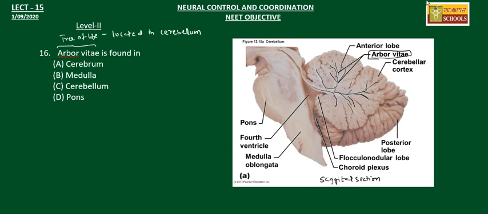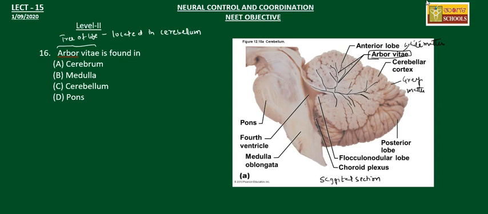In the brain, the outer cortex is the gray matter, and the inner part is the white matter. This arbor vitae is white matter that appears like a tree with branches, which is why we call it the tree of life, located in the cerebellum.